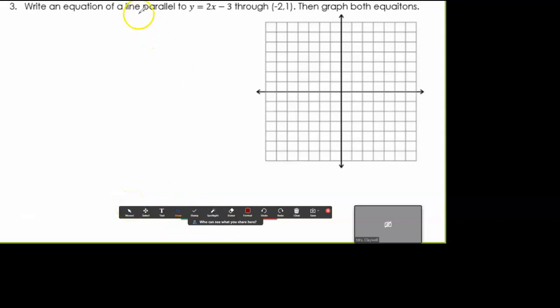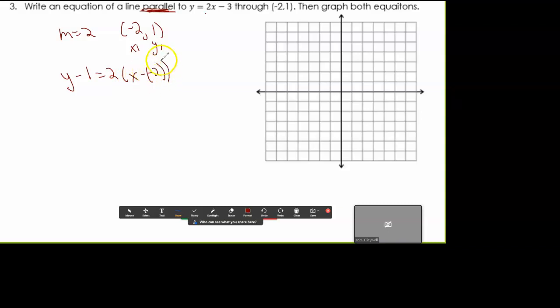This one's parallel, so I can use the same slope. My m equals 2. And then I can use my y minus y1 equals m times x minus x1.